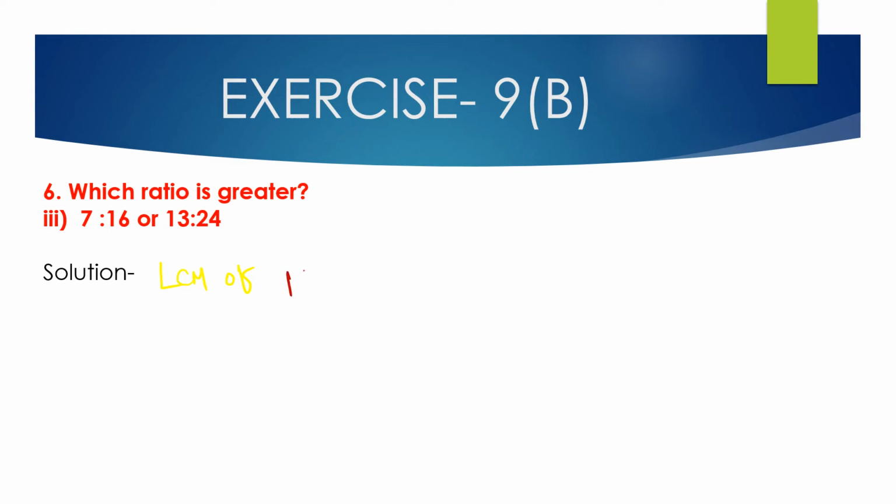LCM of 16 and 24: the prime factorization of 16 is 2 multiplied by 2 multiplied by 2 multiplied by 2, that is 16, and the prime factorization of 24 is 8 multiplied by 3.